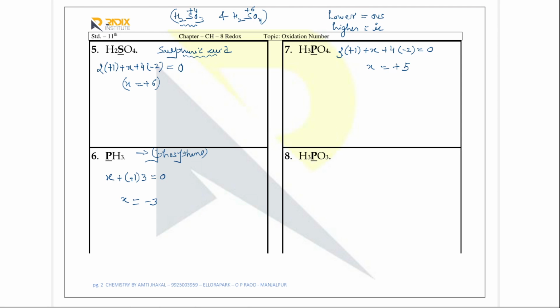Now here hydrogen oxidation number plus 1, and there are 3 hydrogens. Phosphorus oxidation number X, oxygen oxidation number minus 2, is equal to 0. So here we get X is equal to plus 3. So here phosphorus is in plus 5 oxidation state, and here phosphorus is in plus 3 oxidation state.